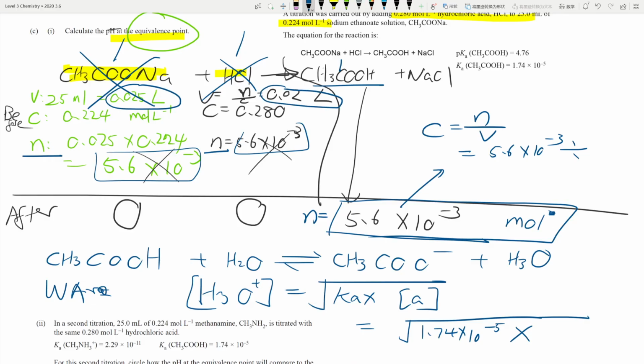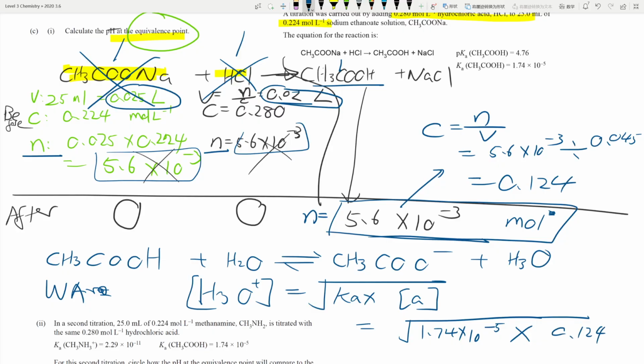So we have 45 mLs. It was 25 at the beginning, and I added 20 mLs to completely neutralize, so this is going to be 0.045. 5.6 times 10 to the power negative 3 divided by 0.045 is 0.124 moles per liter.